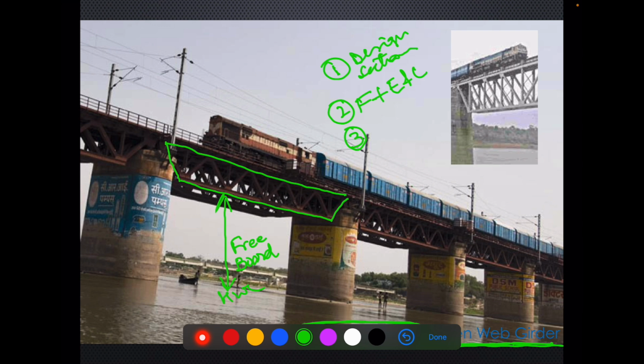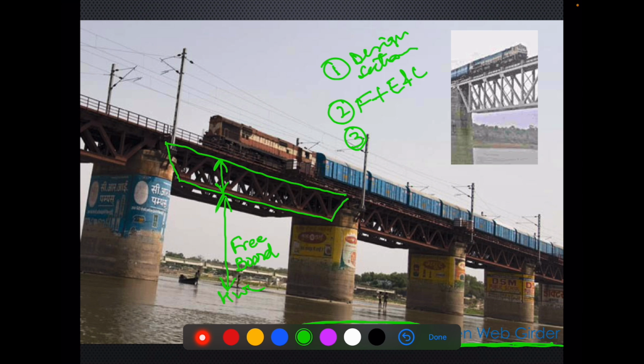So this is for navigational purpose, and this freeboard requirement we have to have in our planning. We cannot avoid it. So what happens here, this freeboard requirement gets added to the height of this girder because the freeboard requirement is eaten away by the depth of the girder.